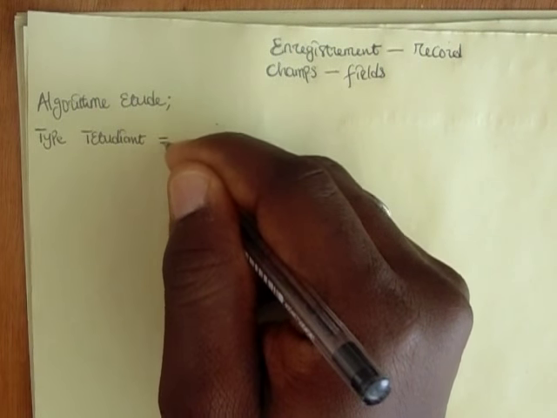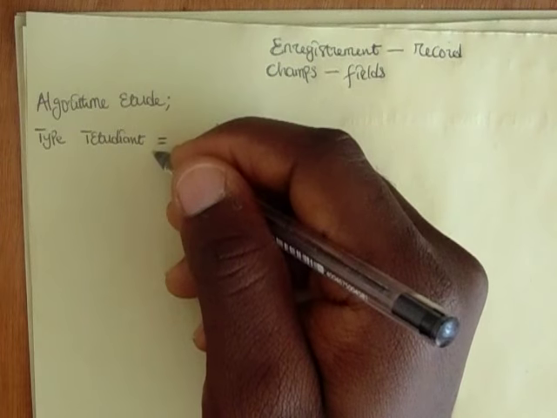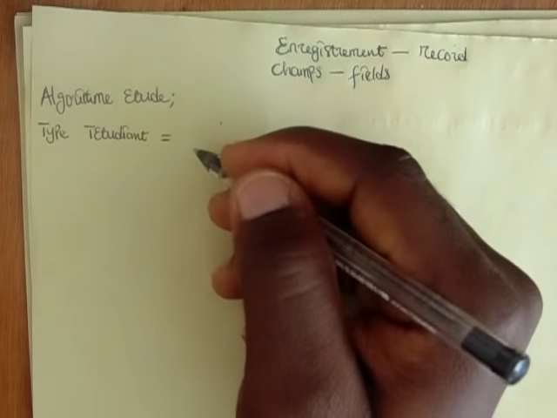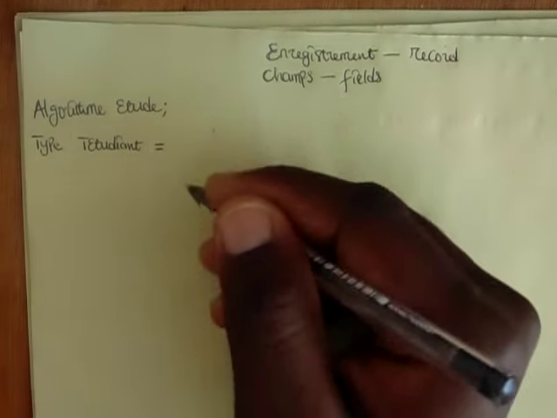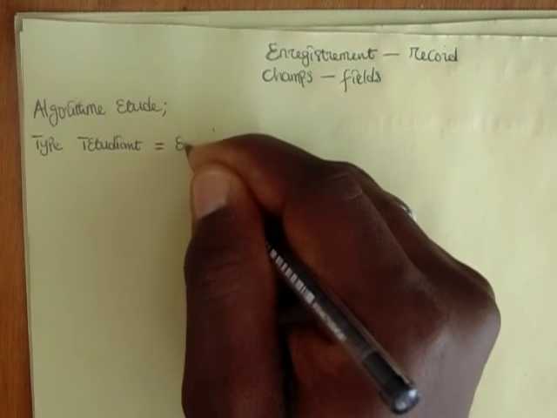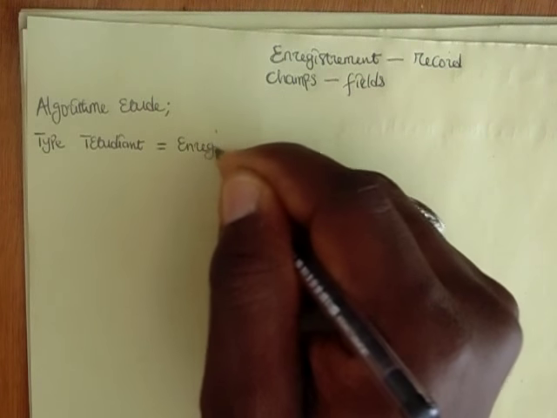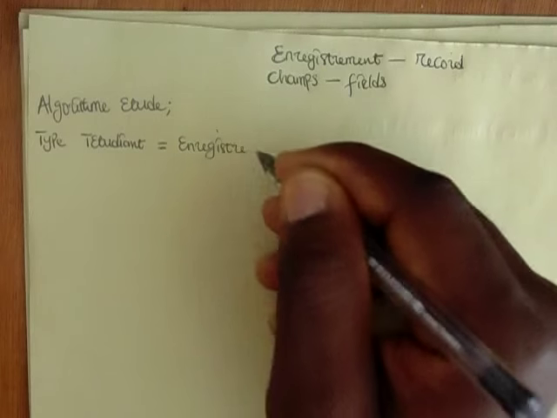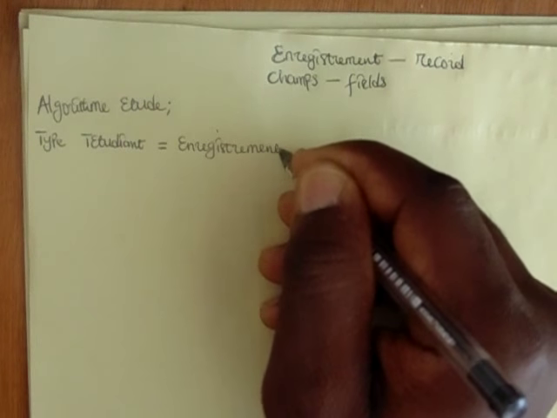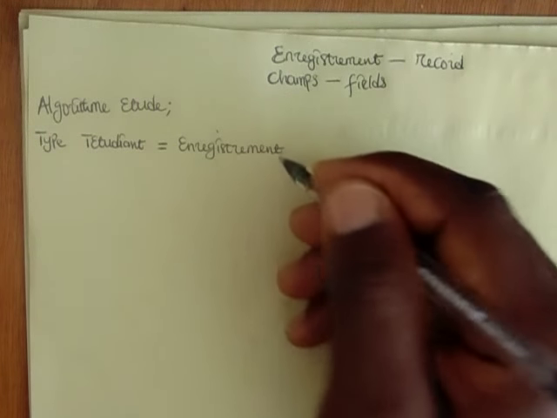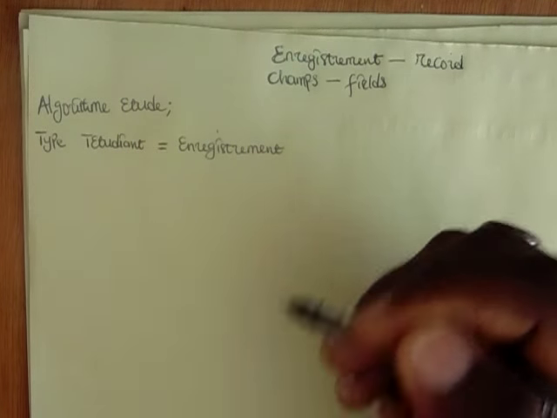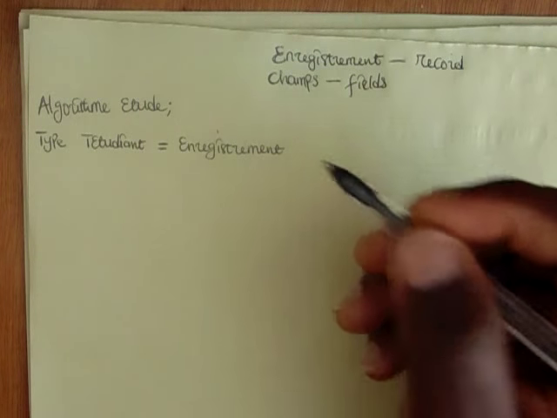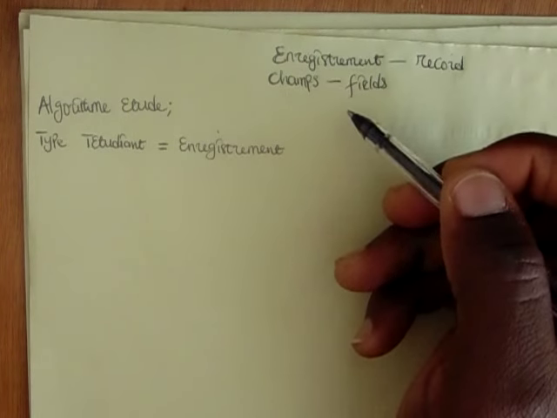Now we use an equal to sign to define that this T étudiant represents what? It will be representing a record. So a record, as we know, is enregistrement. So I said an enregistrement, a record, contains field items.